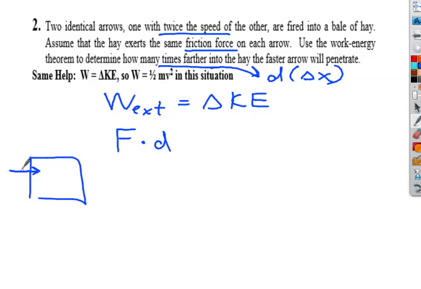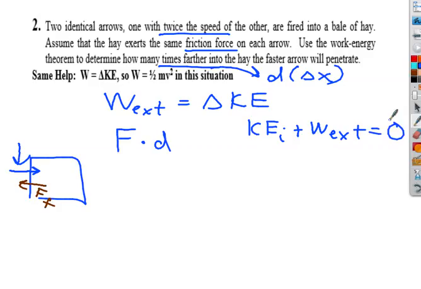What's going to be acting on the arrow as it enters the hay bale? That would be friction. It's going to act exactly opposite to the motion. So we have some initial kinetic energy. Technically, my formula would be KE initial plus work external equals 0, because it has no more energy.